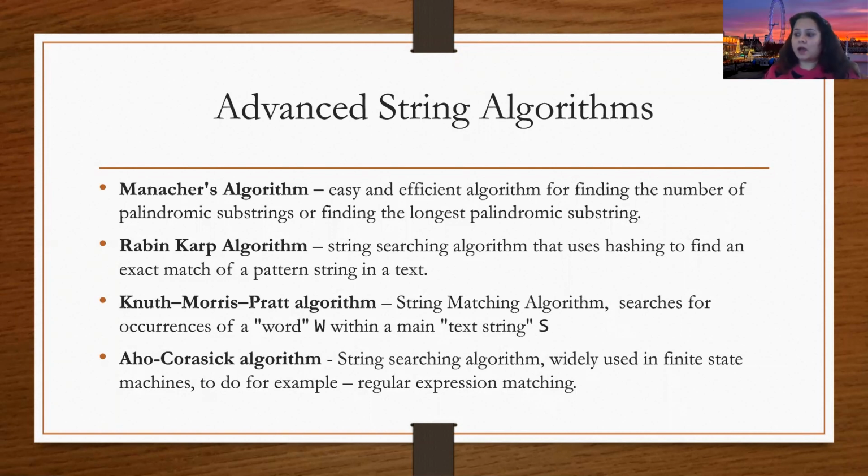All of these are based on what we have seen so far, but the applications of these are quite complex, and there is a set of defined algorithms. They have already been researched and defined and used.